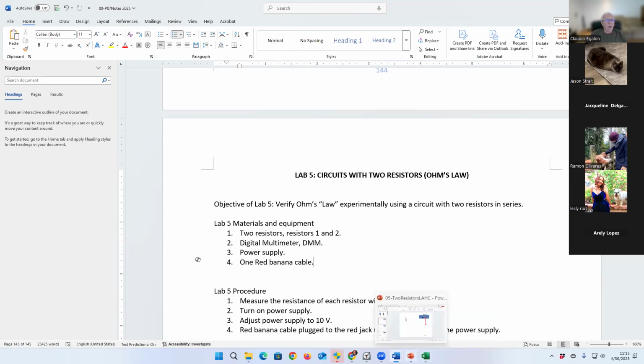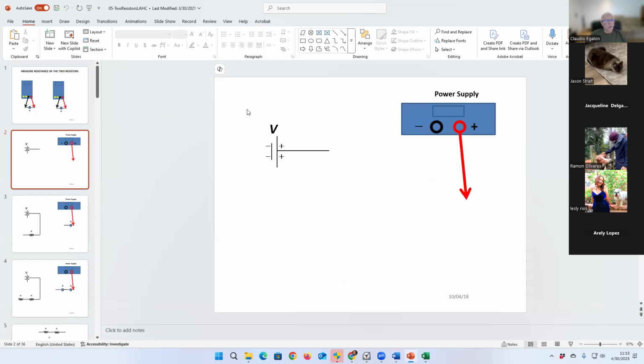And as we go along, we are going to draw the schematic diagram as well. Here's the representation of the battery. Here is the power supply in a schematic fashion. This line represents the red cable.